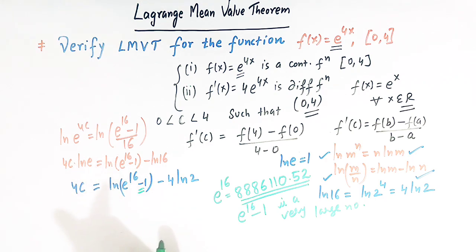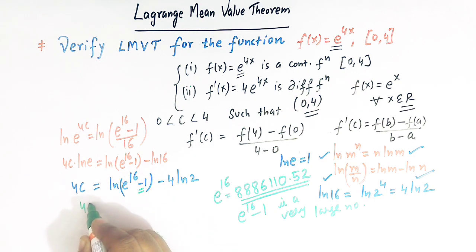We'll also see another aspect of this calculation, but let us first see the situation when we neglect 1 with respect to e raised to 16, right? So e raised to 16 is very large as compared to 1. So let us neglect 1 from e raised to 16.